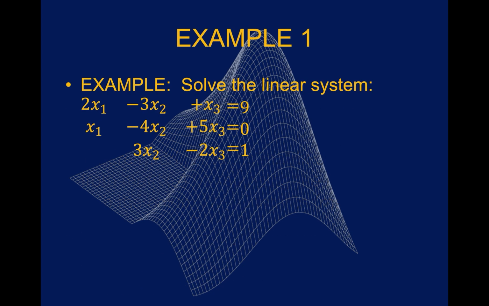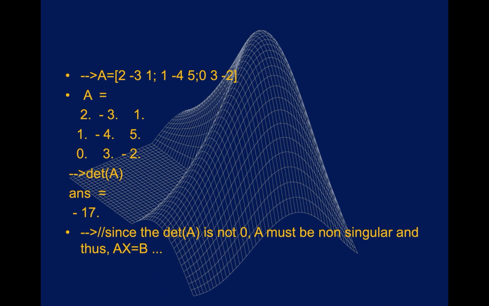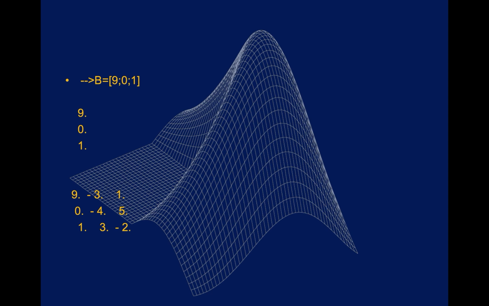Example. You're given the system of linear equations. So define first your coefficient matrix. Then get the determinant. Note that everything that is written after the percent sign will be considered as comments in MATLAB. For A1, we replace the first column by the column of constants.